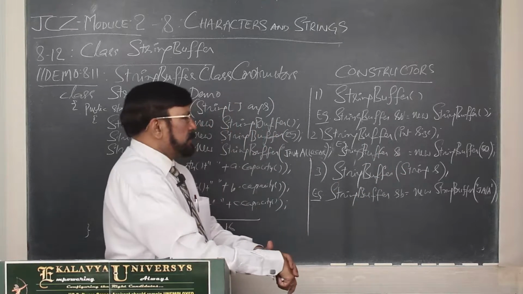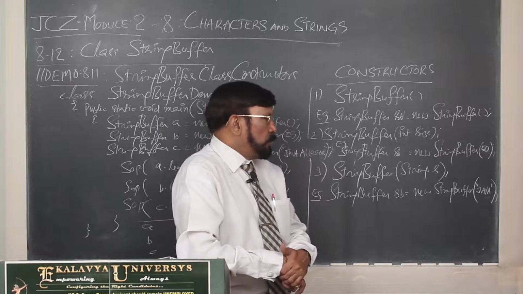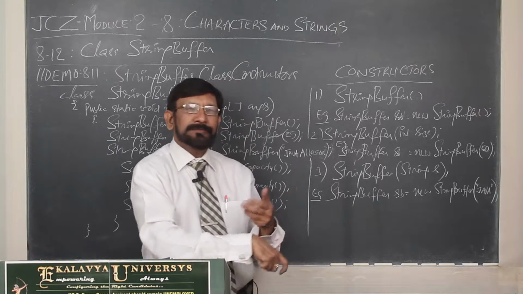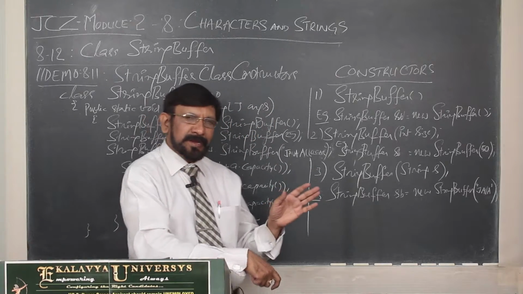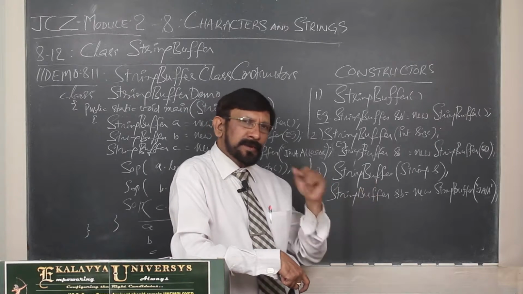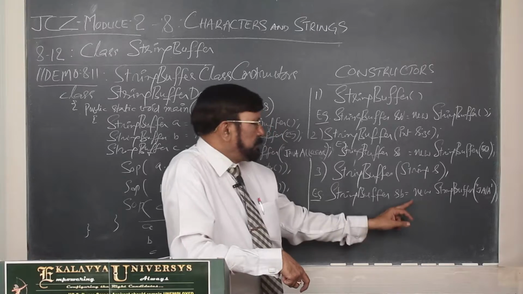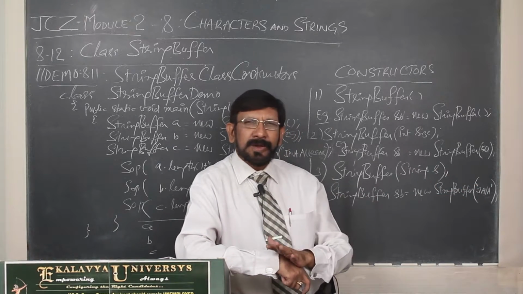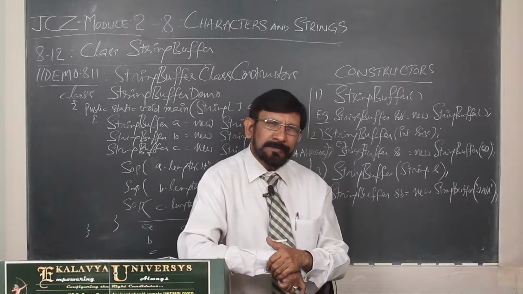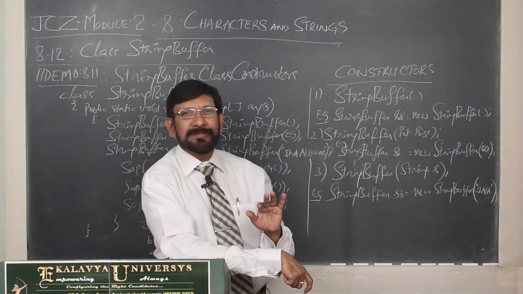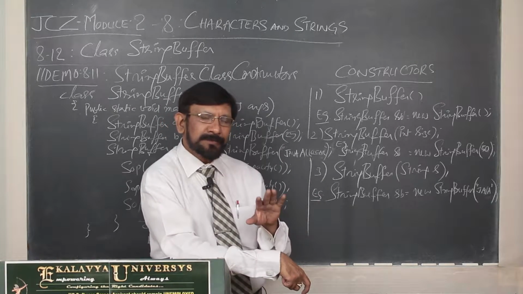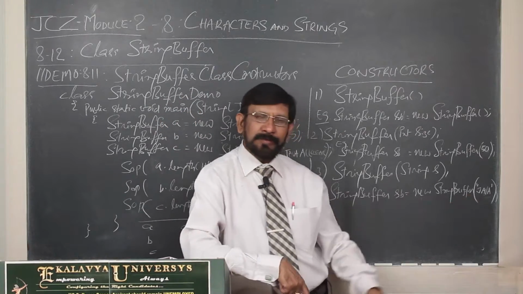Third one, you provide a string directly, that means your string is clear, and then you provide it. In this example we provided "Java". Java means only 4 characters are required, plus 16, 4 plus 16, totally 20 characters are provided.